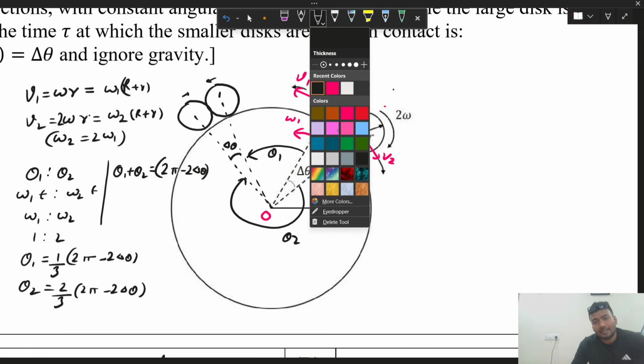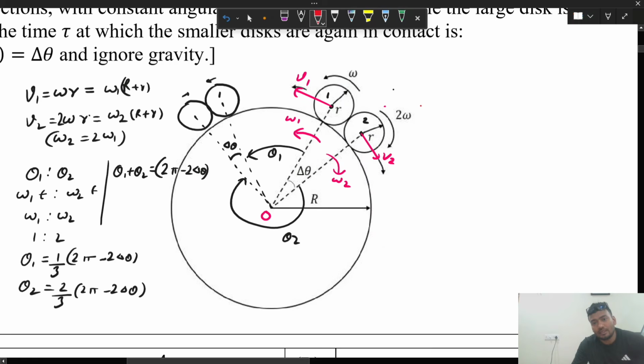Now directly from the question, one more thing you can get. This is the first center, this is the second center, and this total distance is r plus r. Up to here it is r, and this is r plus r, and this angle is delta theta by 2. The angle is very small, so delta theta by 2 is almost r by (r plus r).